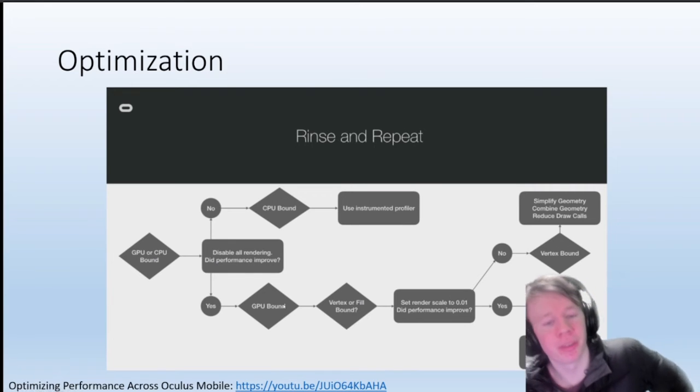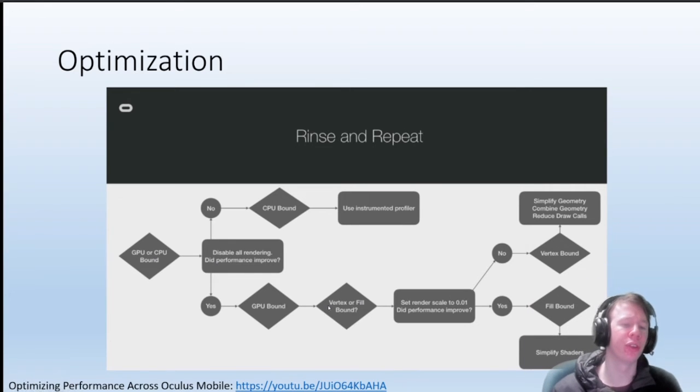If it's GPU bound, then are we vertex bound or are we fill bound? Is the GPU struggling when it's processing all the vertices in our scene, or is it struggling to render all the pixels in our scene? To check which of these two it is, you can set the render scale, which we talked about earlier when we were talking about anti-aliasing. You can set this to almost 0, and if the performance improves, then we're fill bound, and if it's not, then we're vertex bound.